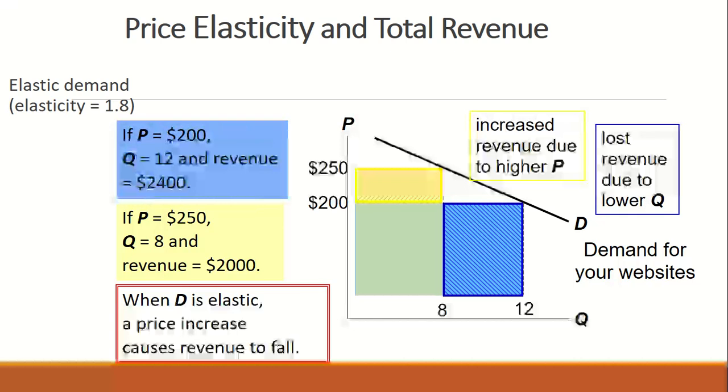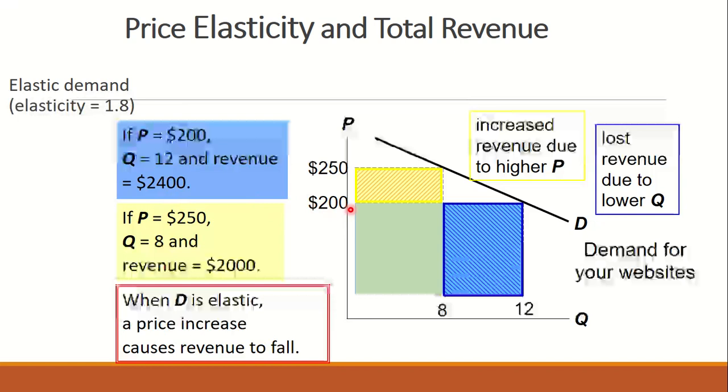Now comes price elasticity and total revenue. Using the same example of an elastic demand, the flatter the demand curve, the more elastic it is. Now at a price of $200, the quantity demanded is 12 units, and the total revenue is P multiplied by Q, that is 200 multiplied by 12, which is $2,400.